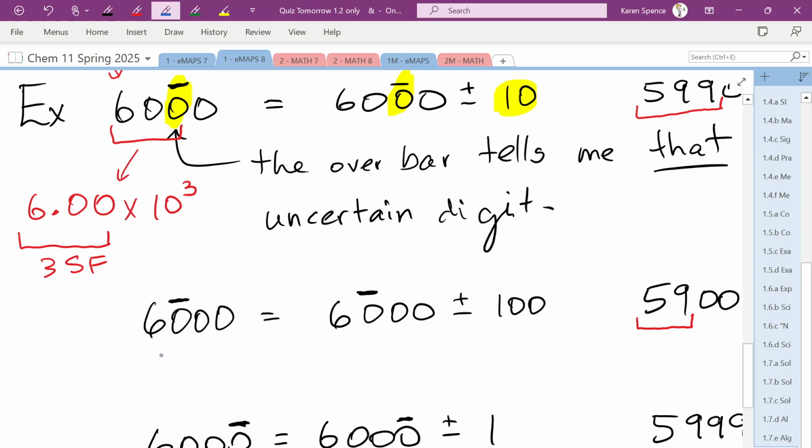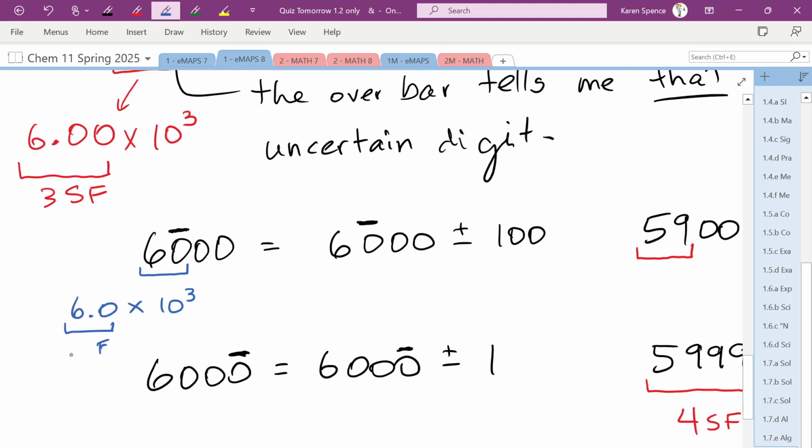This guy here, 2 sig figs, so we would write 6.0 times 10 to the 3, 2 sig figs. That looks like a 4, but that's just because my pen went crazy. Let's fix that. 2 sig figs.